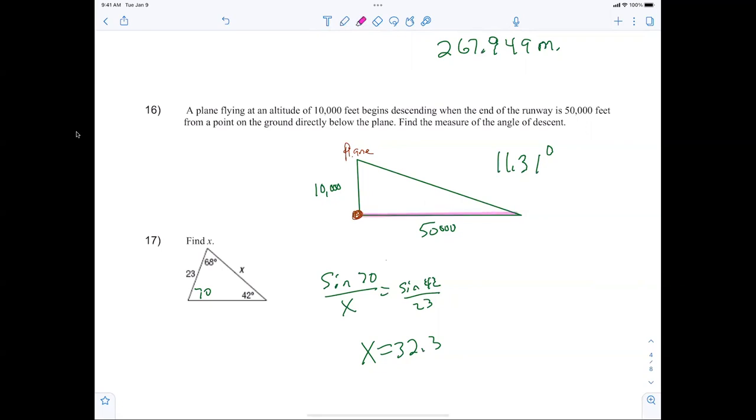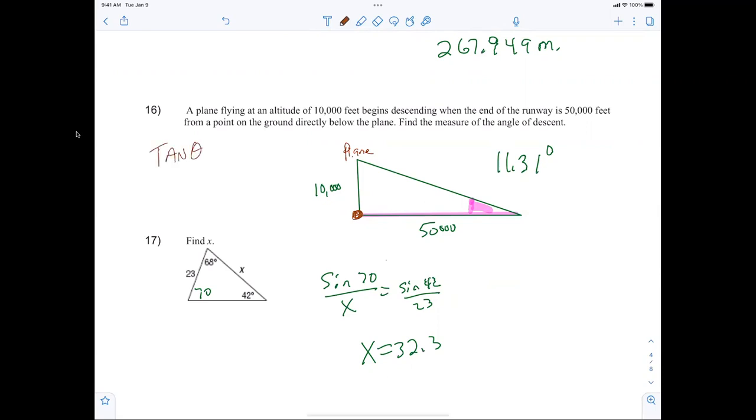Does everybody agree with this now? All right, I agree. That's kind of tricky. And the angle of descent would sound like angle of depression, which means it's the same as the angle of elevation, which is this guy right here. And that again is just what?